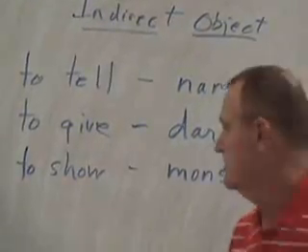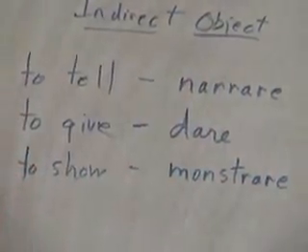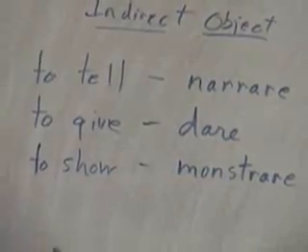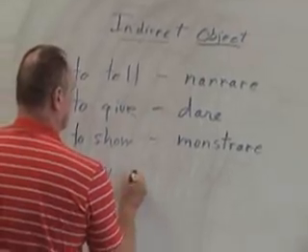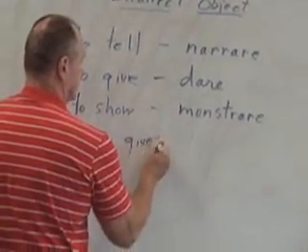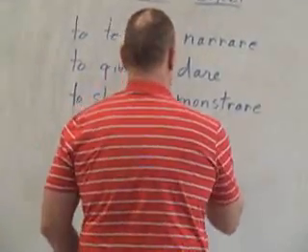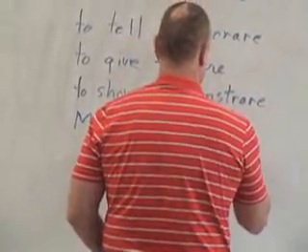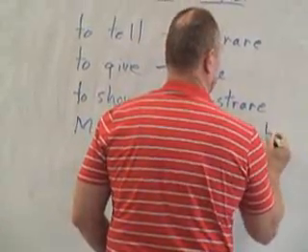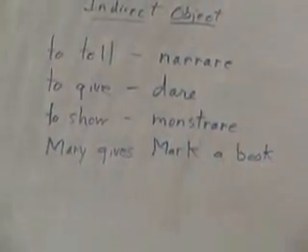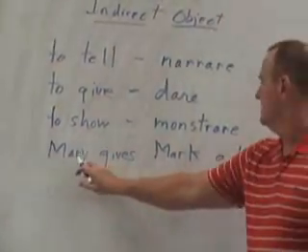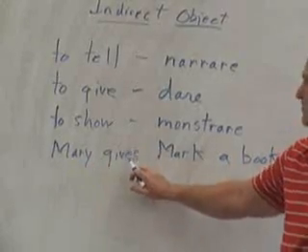In any language. Okay. For example, in English you say, Mary gives, and let's say Mark, a book. Mary gives Mark a book. This is the subject. This is the verb.